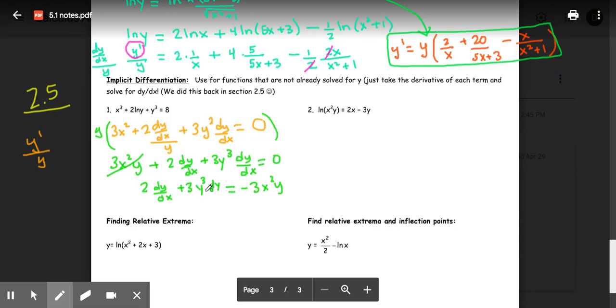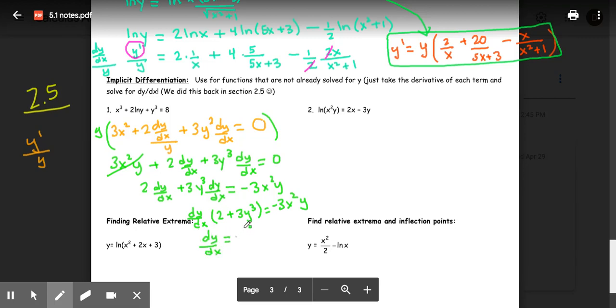So that means now if we want to solve for dy over dx, what we're going to do is we're going to take it out. So get it by itself by taking it out. And then what are we going to do to both sides to get dy over dx by itself?